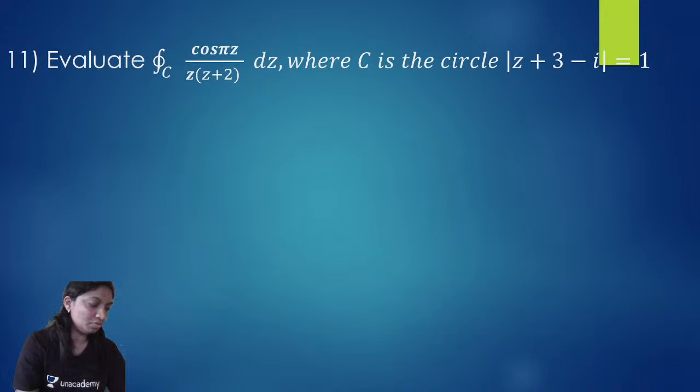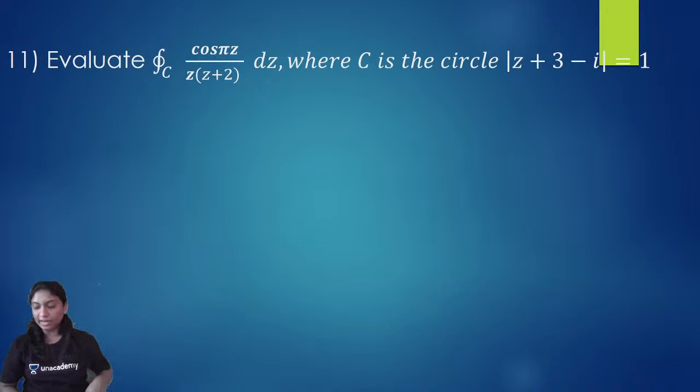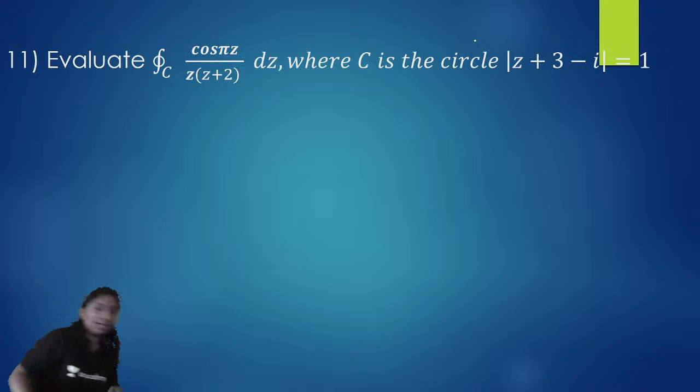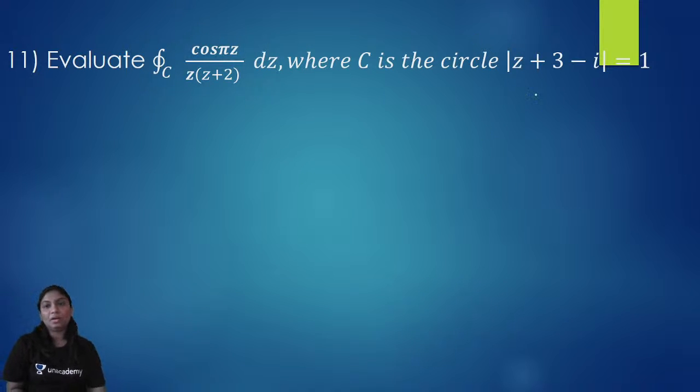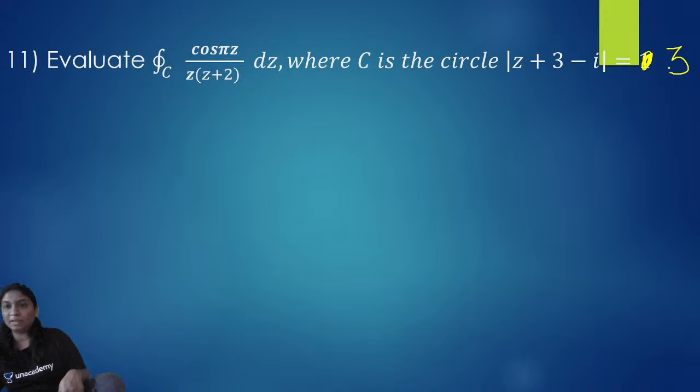Whatever your integral comes out to be, it is totally depending upon your curve C, whether the point lies inside the curve C or outside the curve C. Not 1, here it is 3. So mod of z plus 3 minus i is equal to 3.